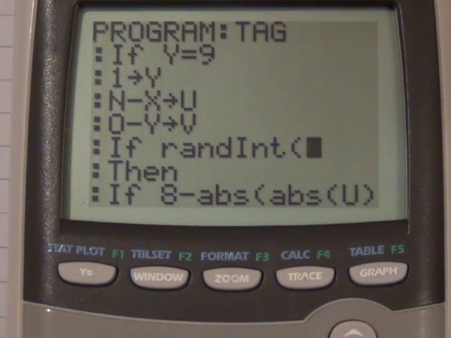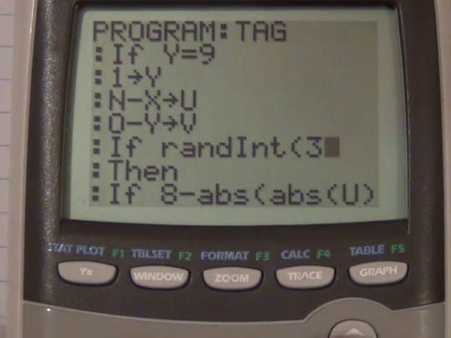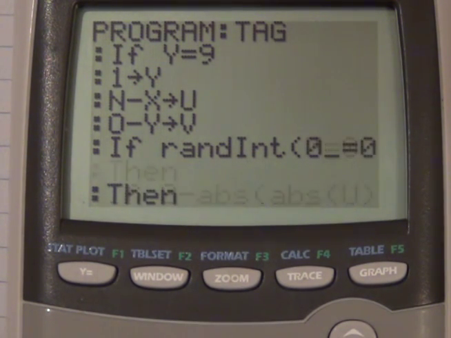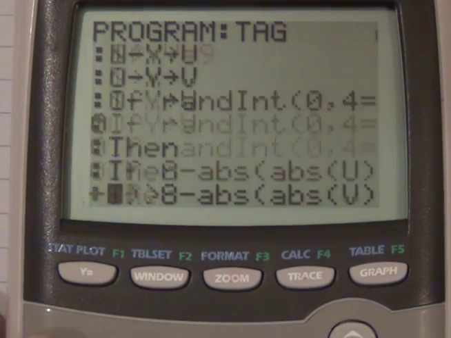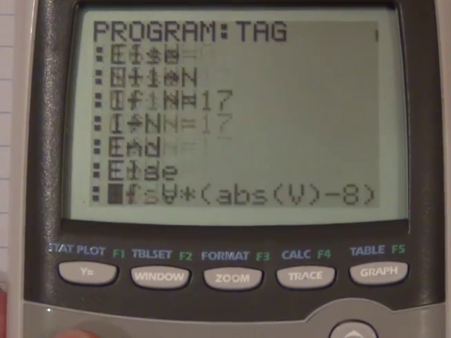If that equals 0, so 0 to 4, so there's a 1 in 5 chance that our enemy can move.